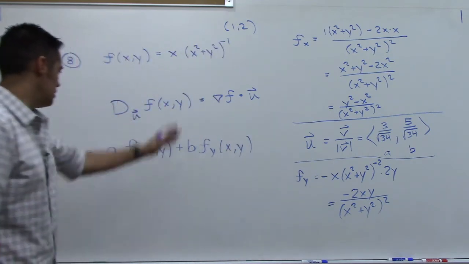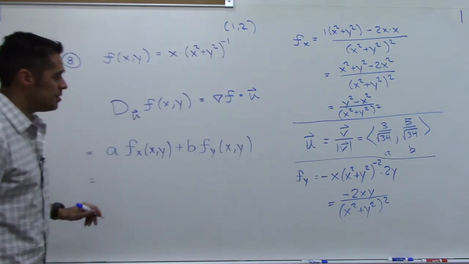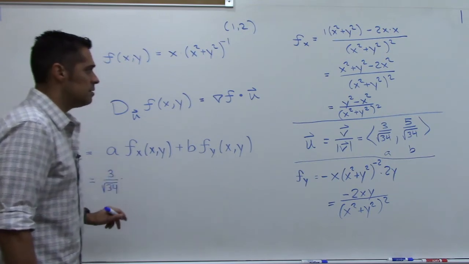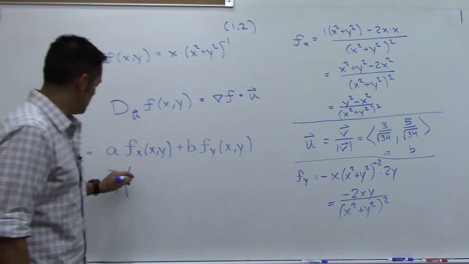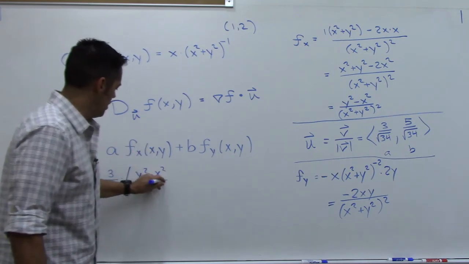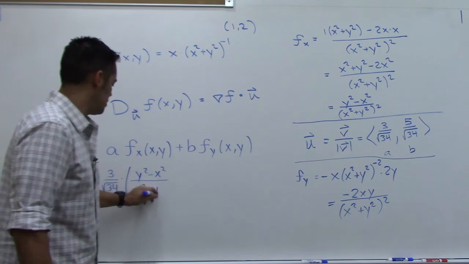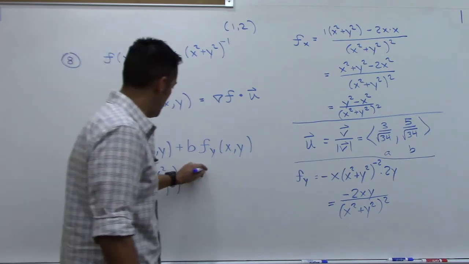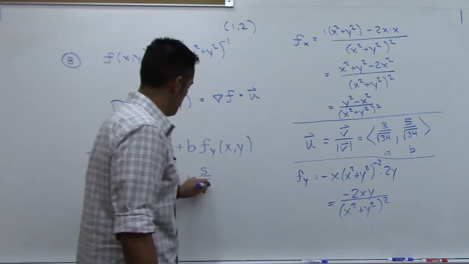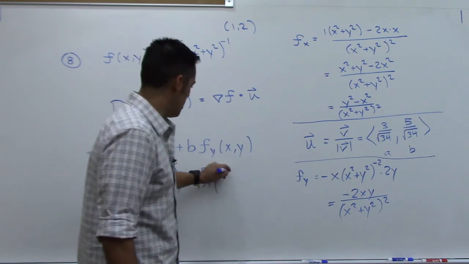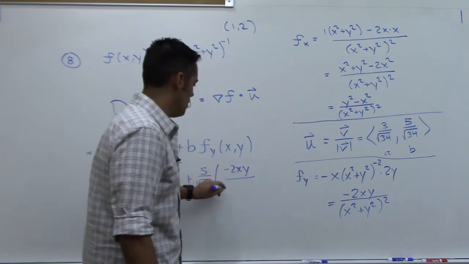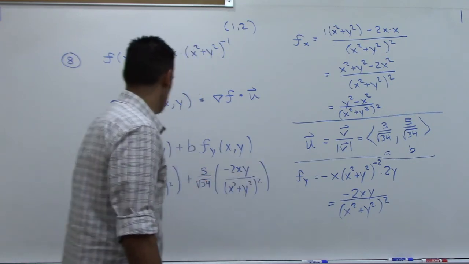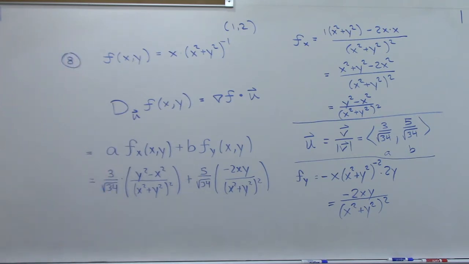It's our formula when we dot those two, which for us a is 3 over root 34 times the partial of f with respect to x, which was y squared minus x squared over x squared plus y squared, quantity squared, plus b, which is 5 over root 34 times the partial of f with respect to y, which was -2xy over x squared plus y squared, quantity squared. All right, there it is. That is the directional derivative.